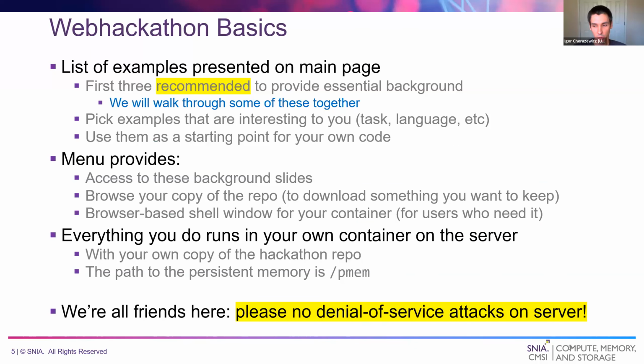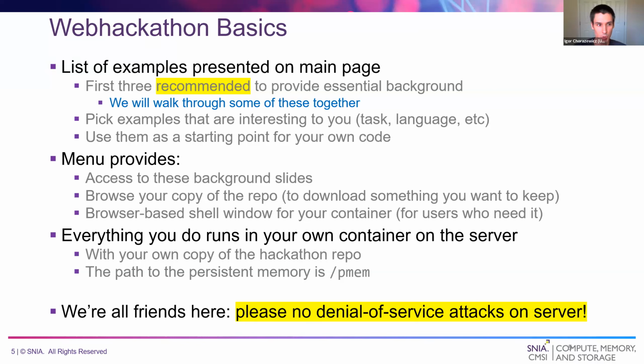There are a few recommended examples. The first three are specific to persistent memory, and they discuss very basic things like mapping persistent memory and what you need to do to make sure the data is actually persistent. Those examples also cover some more high-level use cases like key value stores and so on. So you are free to check them out.